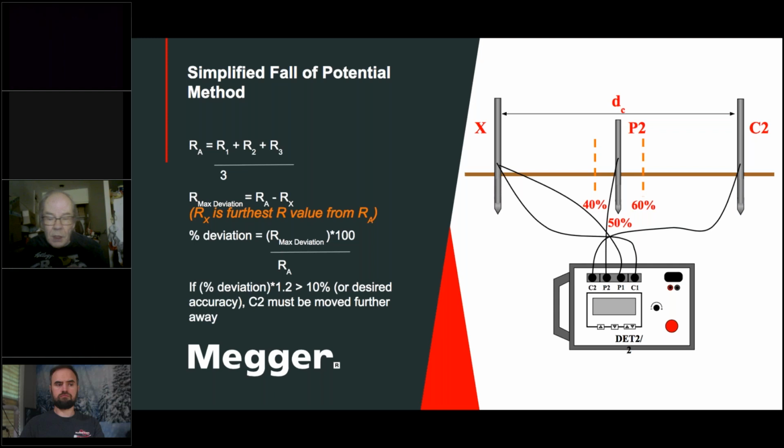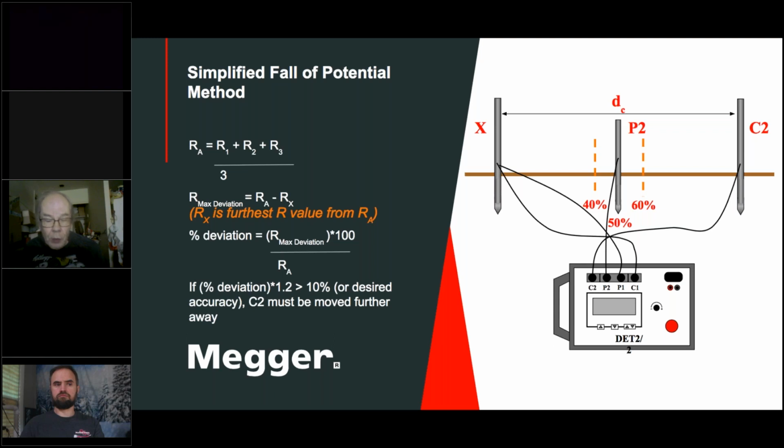So we see in the slide that we have posted now, where you see C2, that's your current return. With a conventional tester, the operator puts that where he wants it. With a Clampon, the tester does what it wants to do.